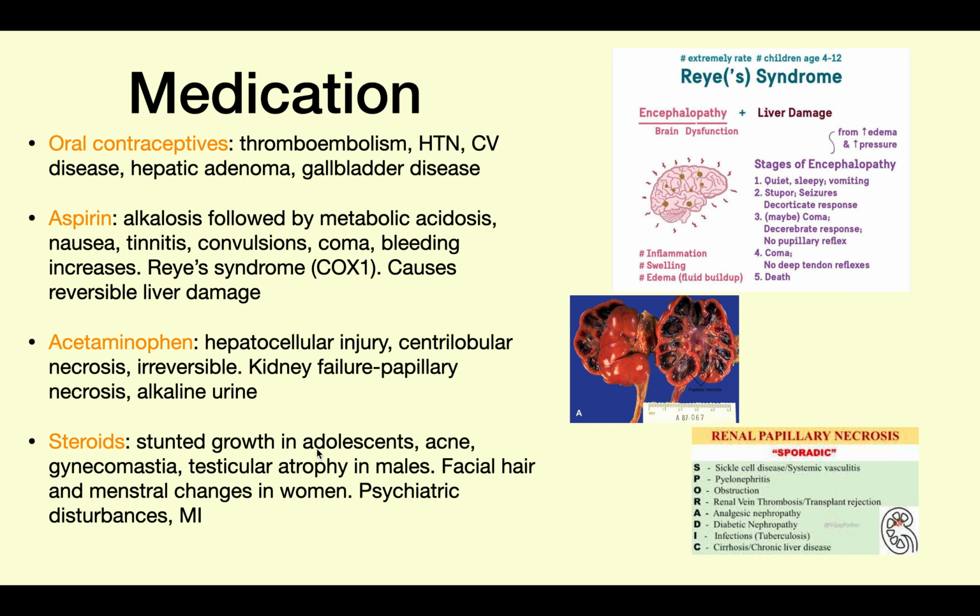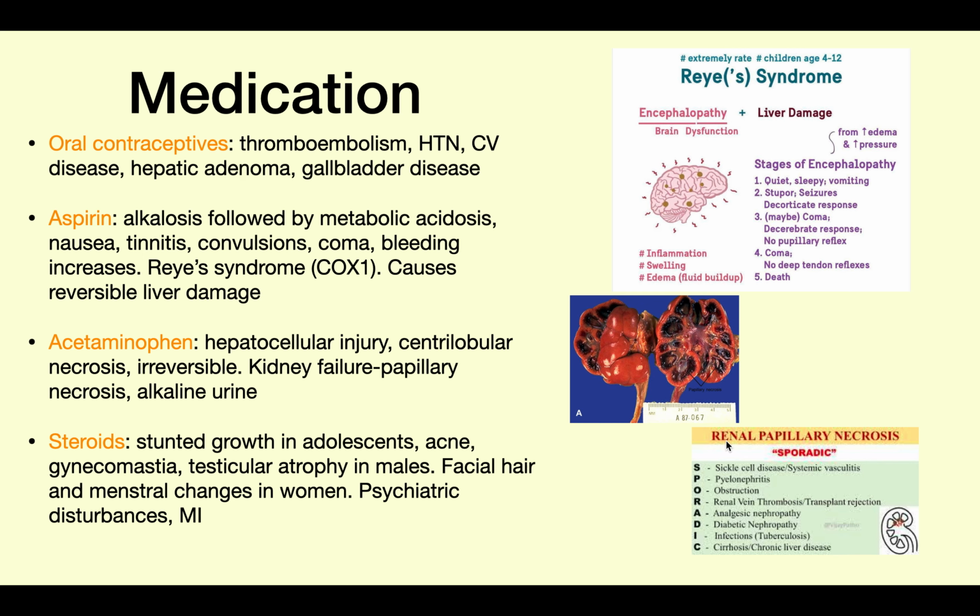Steroids, there's going to be changes in the secondary sex characteristics, along with psychiatric disturbances and risk for myocardial infarction. So right here is going to be your centrilobular necrosis, or the papillary necrosis. Sorry, these are like tiny kidneys. This is a fetus's kidneys.